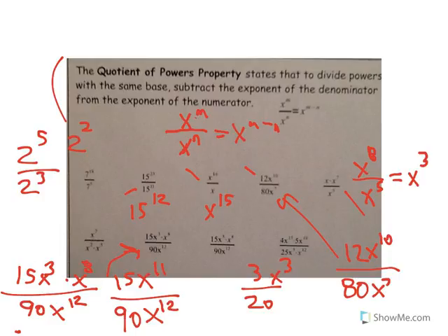This one gets a little bit more complicated, but 15 divides into 90, so that's going to end up being 6 on the bottom. And then 11 minus 12 is actually negative 1. So it's going to be 1 up here because we can't have less than 1 up there, but it's going to be x down here. We'll get more into negative exponents later.